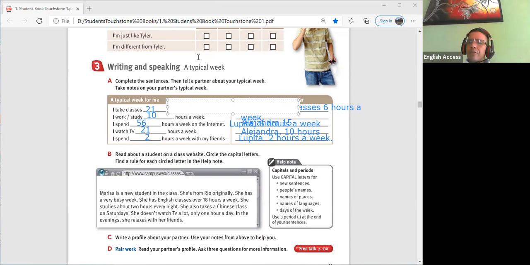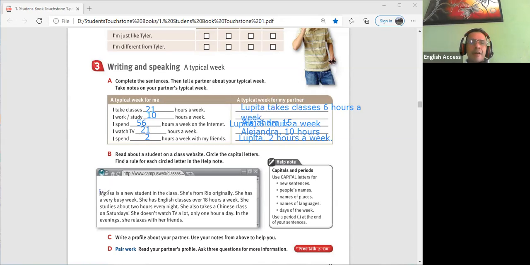All right, let's continue with the last one because we're about to finish. Well, remember this is the reading section. The last one. Read about a student on a class website. Circle the capital letters. Find a rule for each circled letter in the help note. Remember, capital letters.